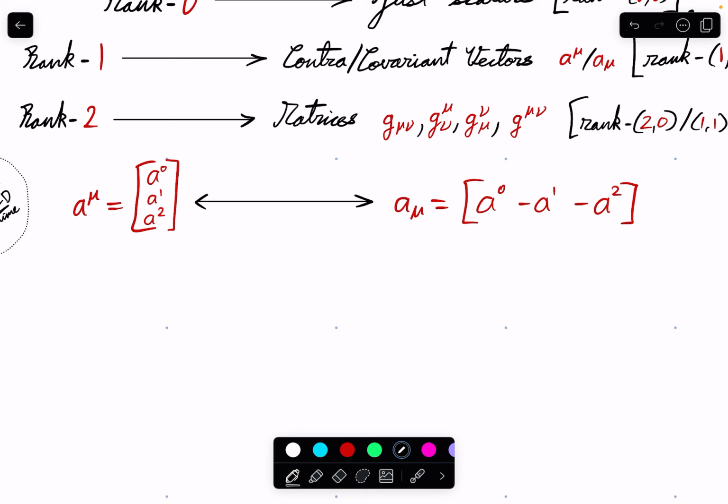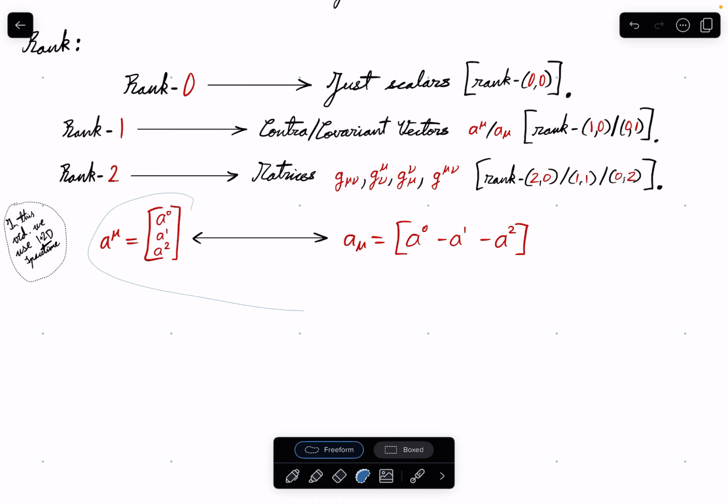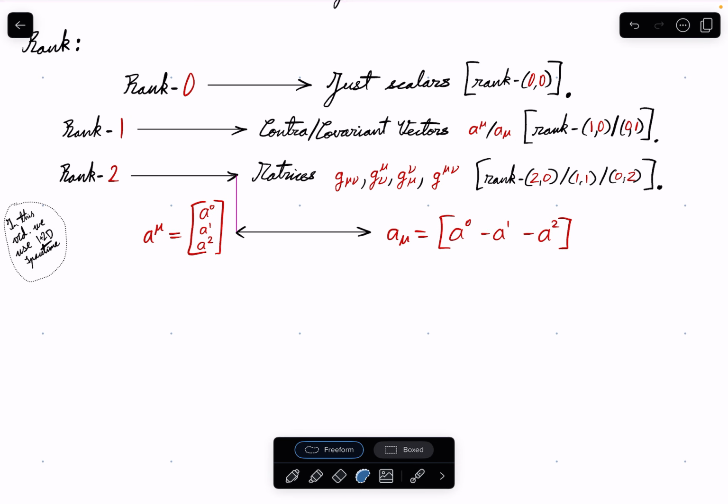So contravariant vectors are just column vectors, and covariant vectors are row vectors, but they have a relative minus sign. The relative minus sign comes from the fact that we have 2 dimensions of space and 1 dimension of time. So I'm assuming you have a little bit of a background in relativity and you understand why you need a relative minus sign.